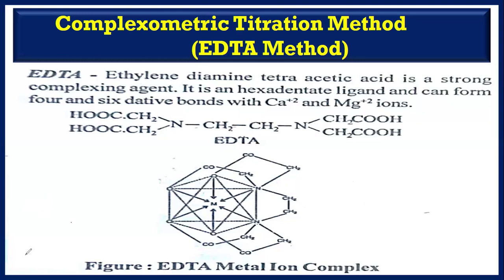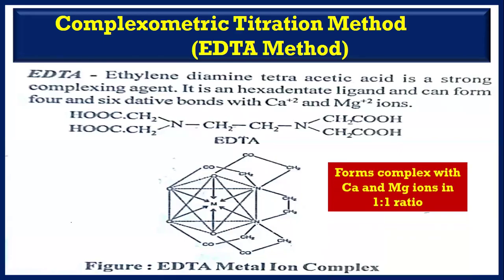So this forms the basis of this titration or this method, because EDTA consumes equal amounts of calcium and magnesium ions. Why? Because it forms the complex in a 1:1 ratio. This is the structure of the EDTA complex with calcium and magnesium ion.